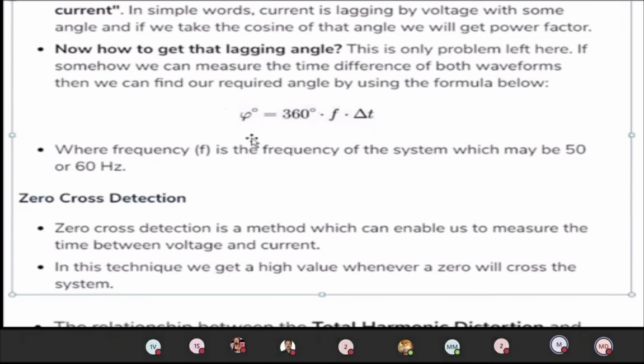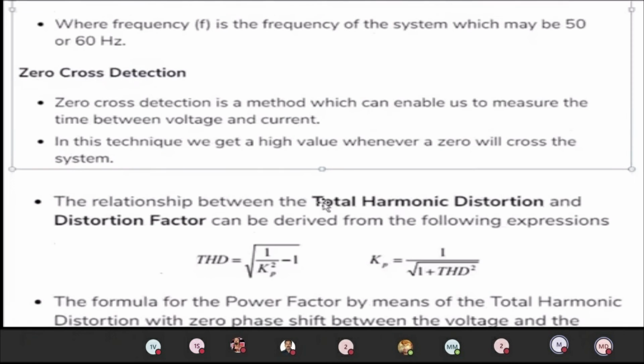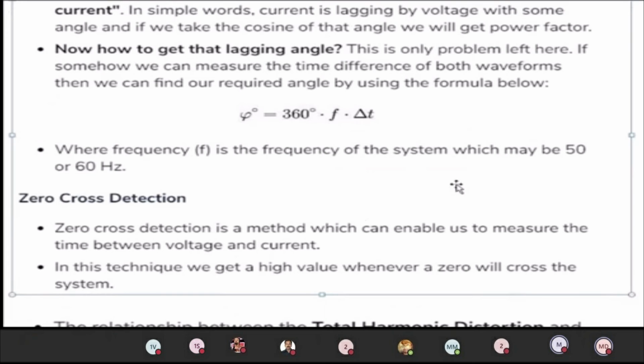We have the simplest formula. Phi is equal to 360 into F into del T, where F is the frequency and del T is the change in time. So the frequency is a well-known thing. In Asia we are using around 50 Hertz, and other than Asian countries we are using 60 Hertz.